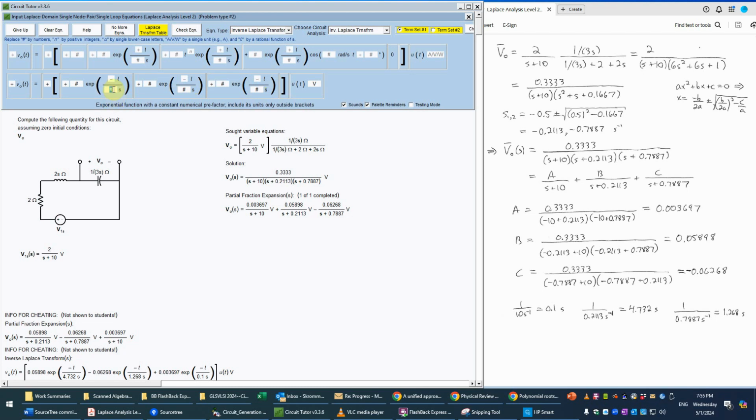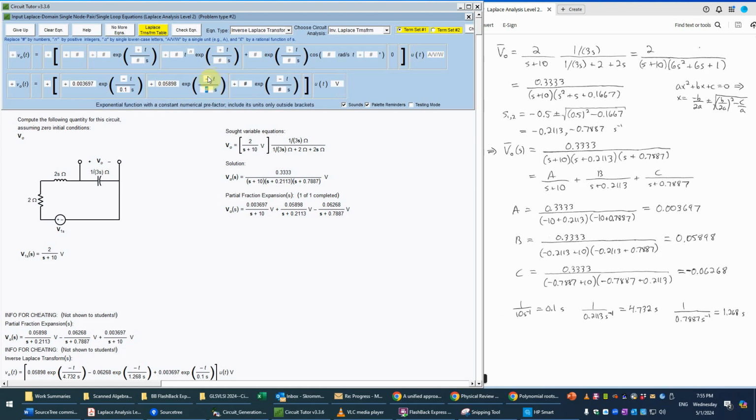And our time constants here, well, I'll put in the constant first, I guess, so that's the 0.003697. And then our time constant now, we have to take the reciprocal of the 10 inverse seconds for the first one, since that's the rate constant, 10. And so that gives us 0.1. And then put in the second constant there, 0.05898.